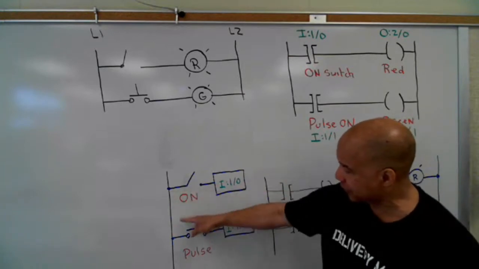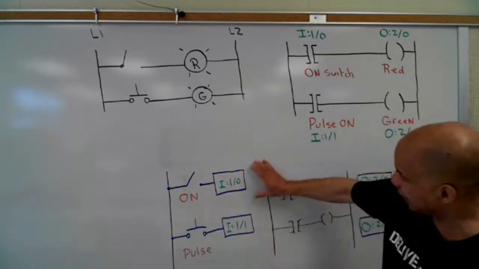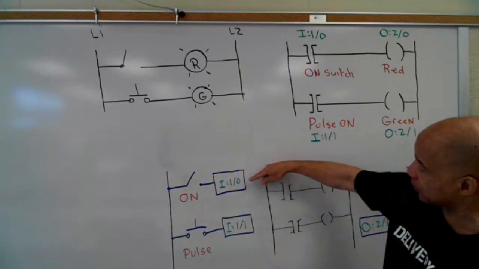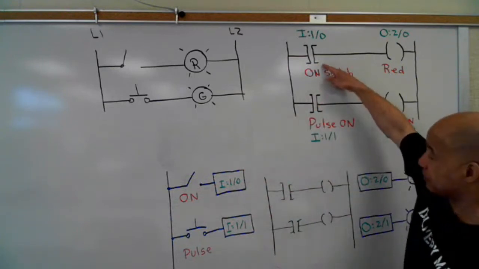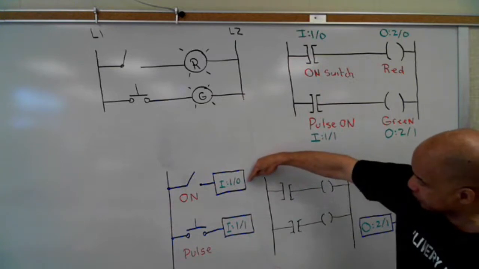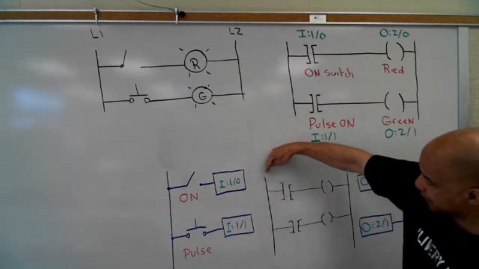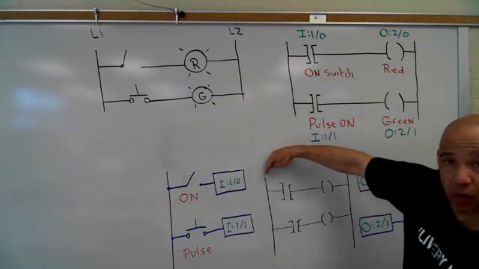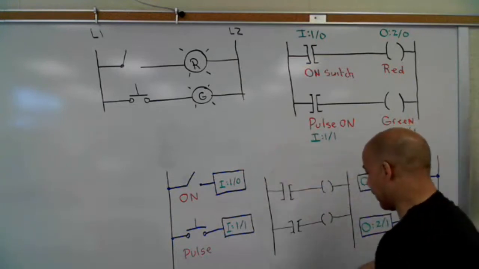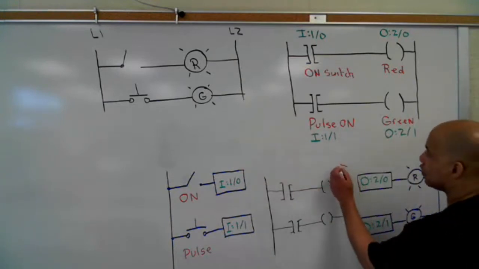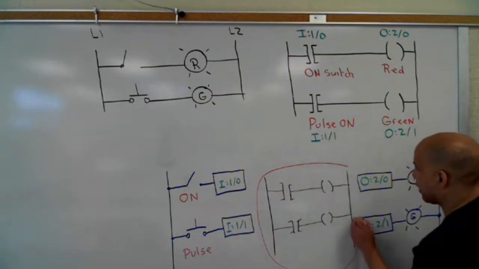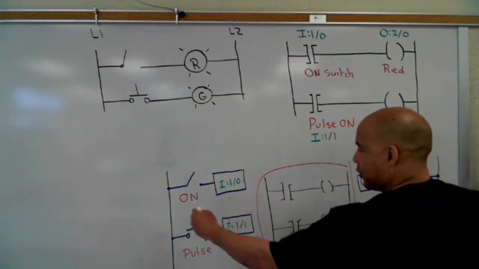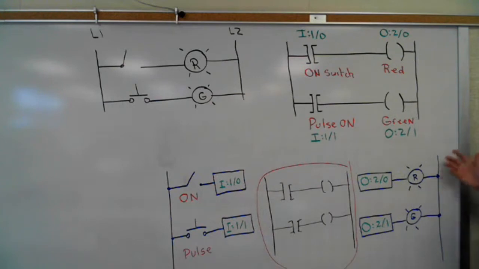I show a single connection to line 1. Then I have this address box, and there I want to show the address that I'm going to use for that particular instruction. You do not want to show a connection between the address box and the side of the ladder rung. There's no physical connection. Everything inside of here is virtual. This is inside of memory. And out here is the hardware for your input and output.